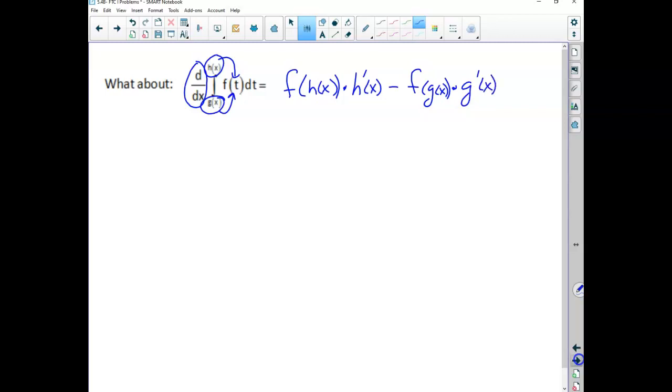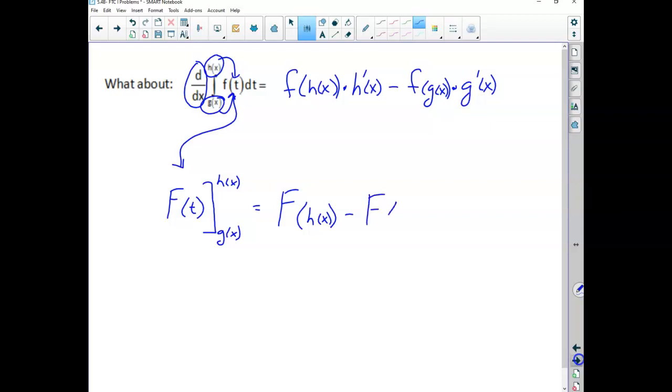So that just means I need to input the big F of t in there. So you're going to see it, because if I actually took a second and proved that's big F of t, evaluated from g of x to h of x, the second fundamental theorem says that's big F of h of x minus big F of g of x, which means if I take the derivative, hey, I got a composition function there.